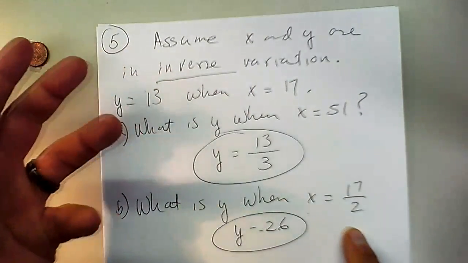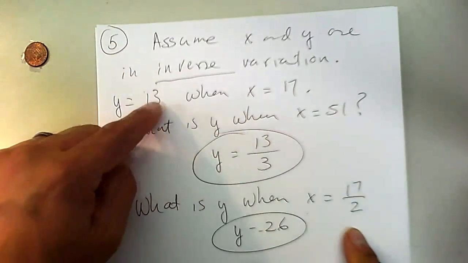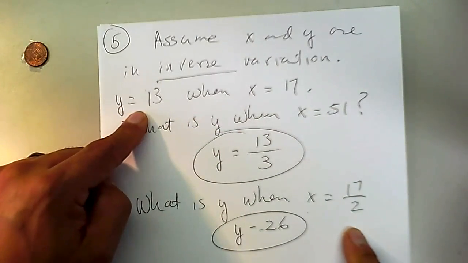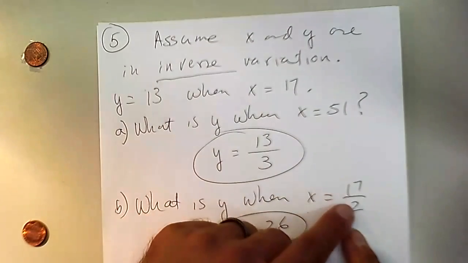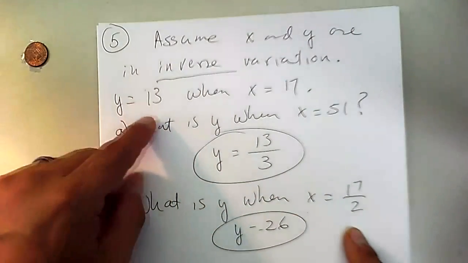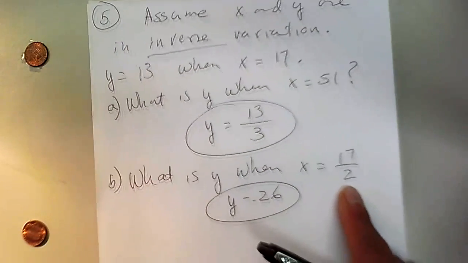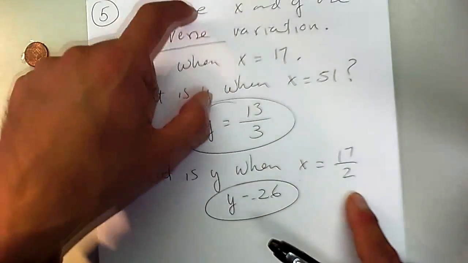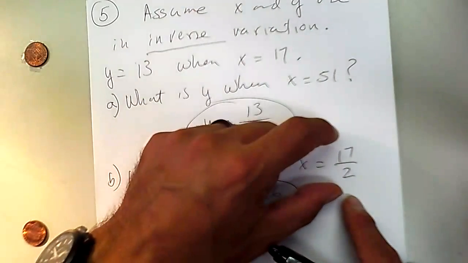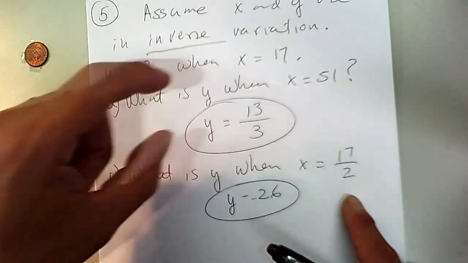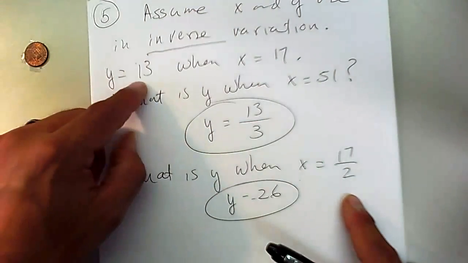If we had direct variation, triple this, and then you have to triple that. If we were to have half the input, then we would have to half the Y also. So if we were in direct variation and the input was 17 over 2, then the output would have to be 13 over 2.